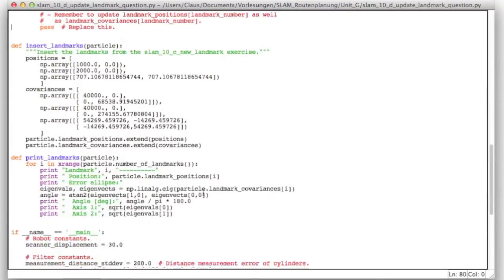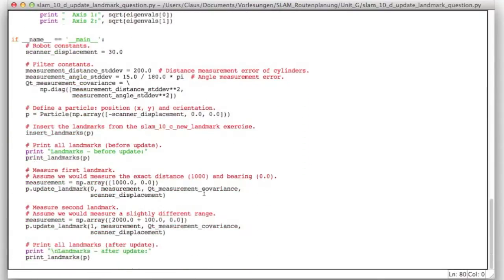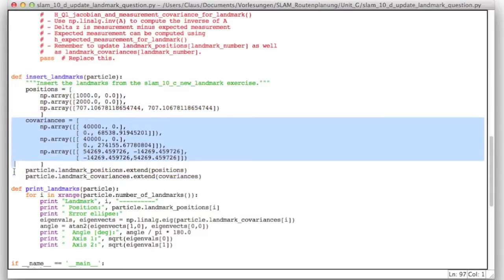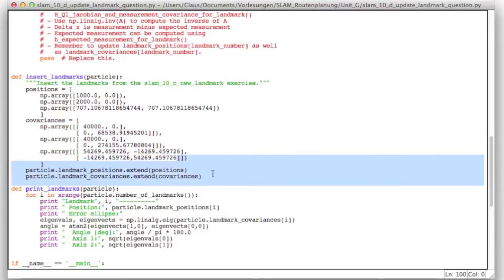Now the main code checks your implementation. So it sets up a particle, it inserts some landmarks, and those landmarks are actually the ones which result from our initialize new landmark code in the previous SLAM 10C programming exercise. So the three positions of the landmarks and the three covariance matrices are just inserted into the particle here.